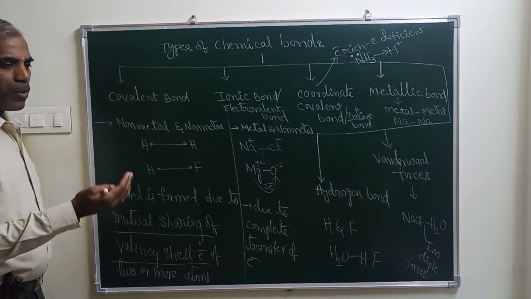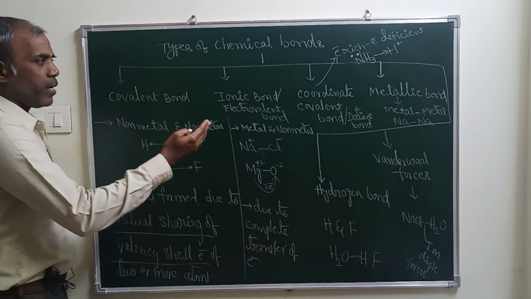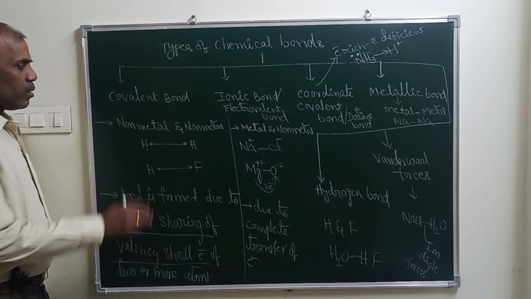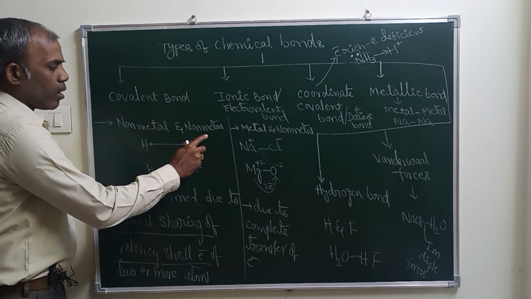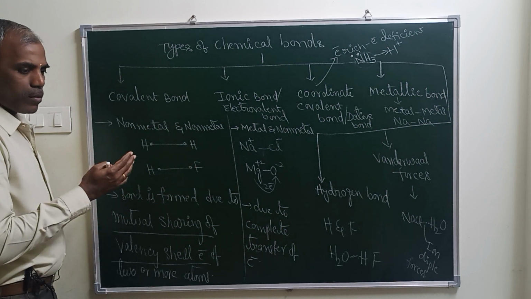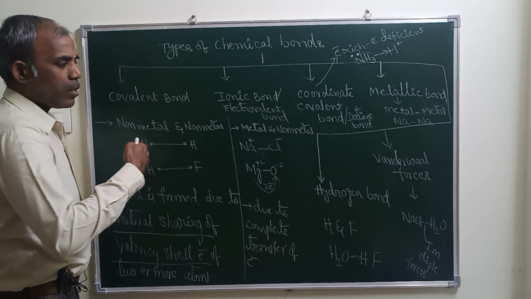Now let us see in brief what is covalent bond, ionic bond, coordinate covalent bond, metallic bond. Covalent bond is formed between non-metal and non-metal. Hope you know what are non-metals and the location of non-metals in the periodic table.